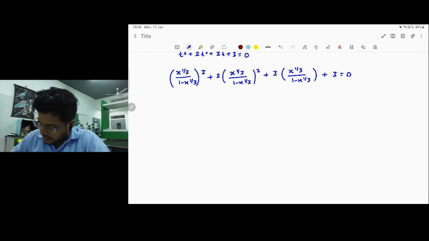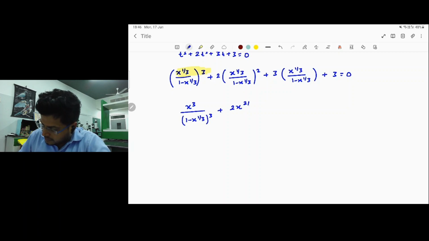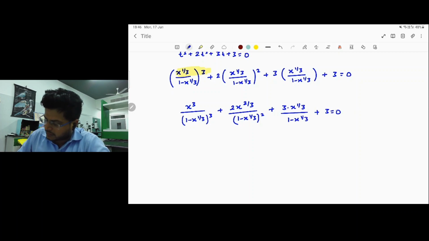Now, right now I'm simplifying this quantity. So what will it fetch me? It will give me x, and the denominator will be as it is, so I'm writing 1 minus x to the power 1 by 3, whole cube. This will give me 2 into x to the power 2 by 3, and the denominator is 1 minus x to the power 1 by 3, whole square. This is just 3 into x to the power 1 by 3 by 1 minus x to the power 1 by 3, and plus 3 equals 0.